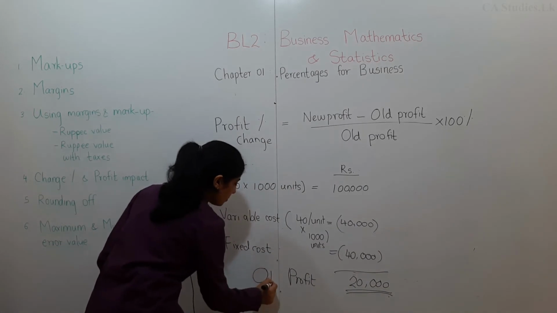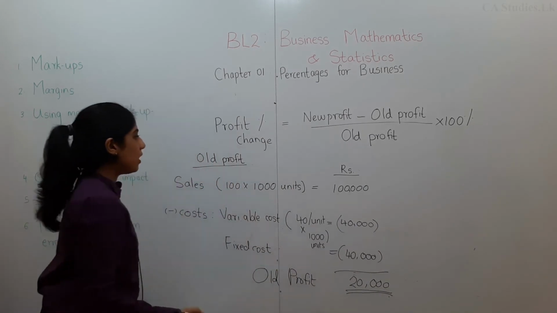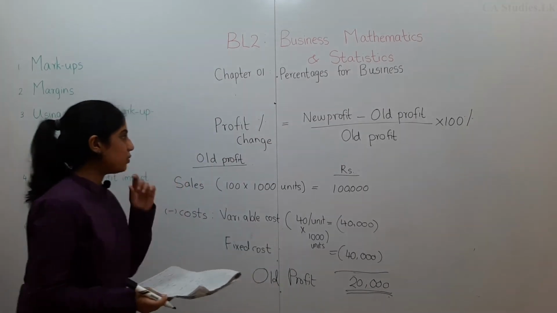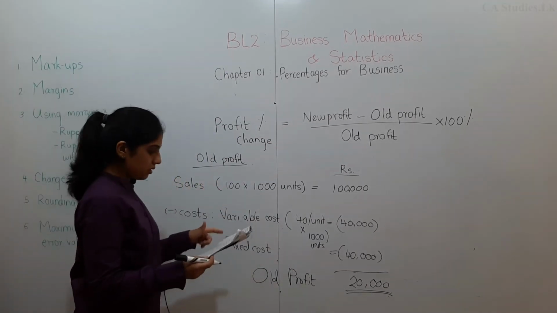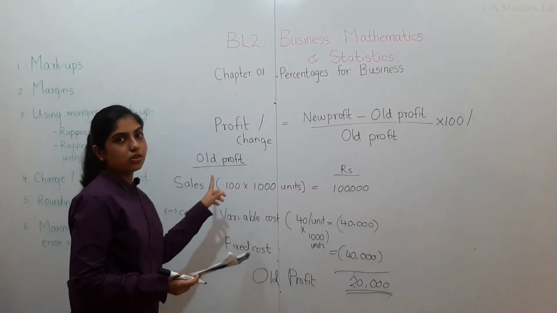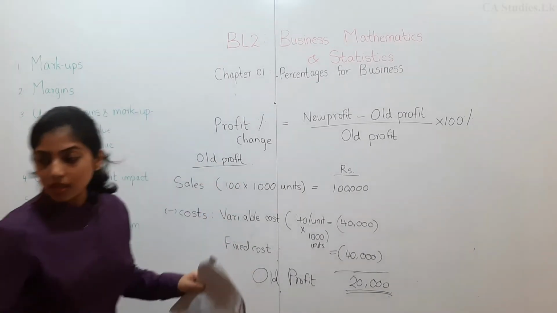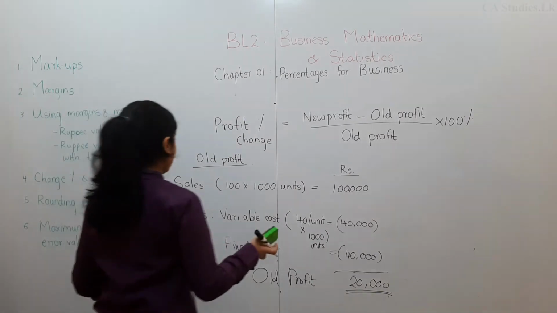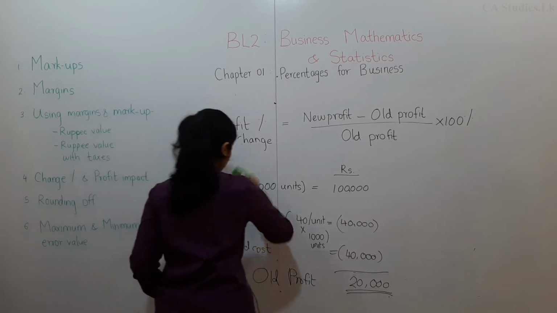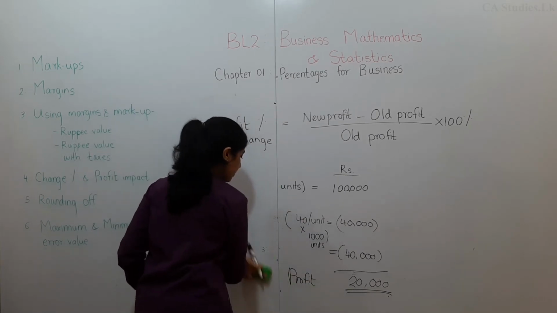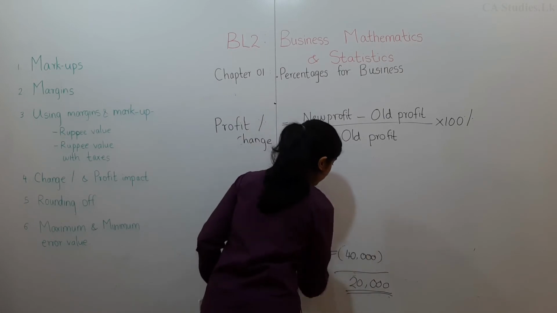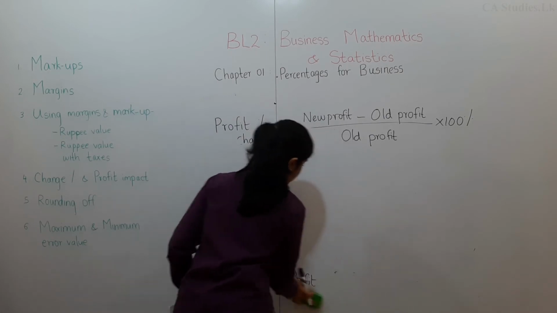Okay, old profit. Now let's see what's our new profit. So for that we have to apply the change percentages to each of the quantity and units. So I will take this off, and first of all, now try on yourself, calculate what is the new selling price, because they have increased now.